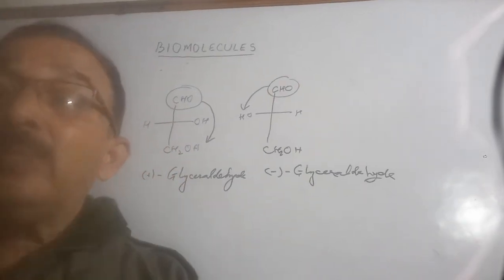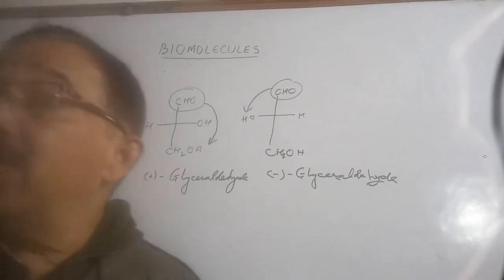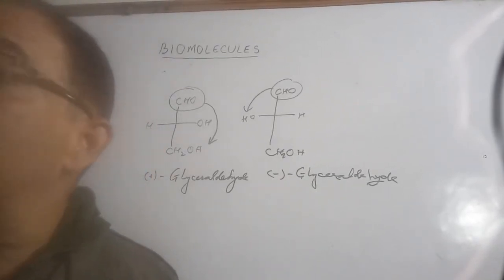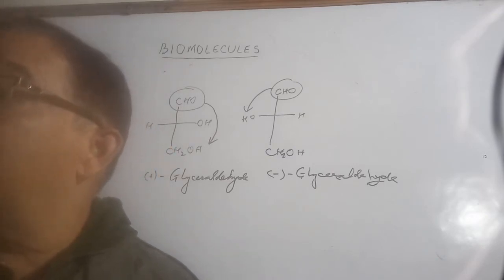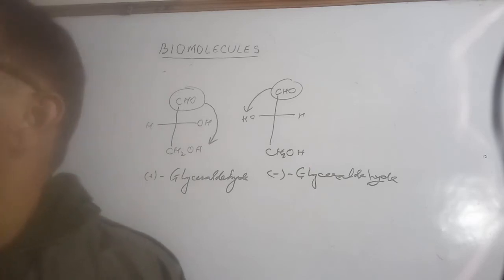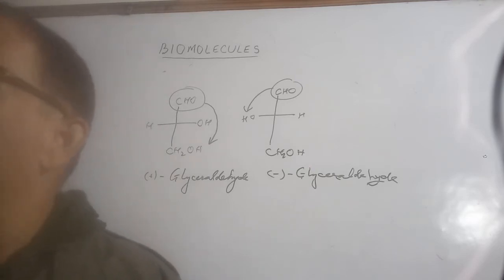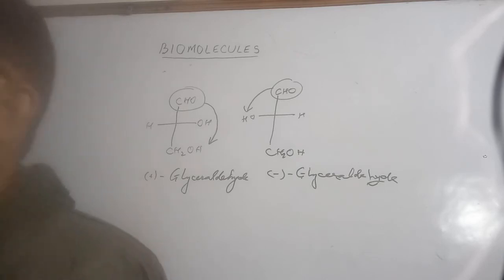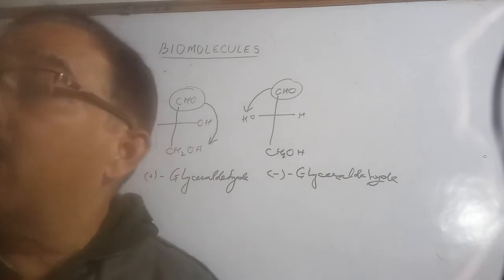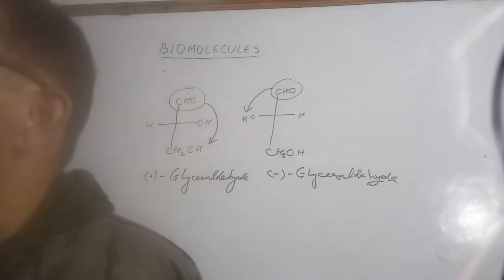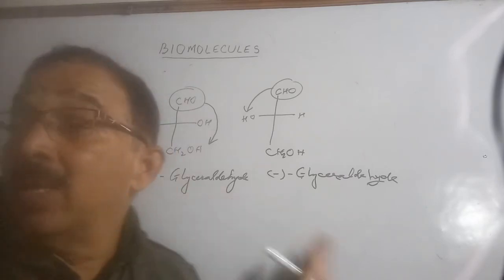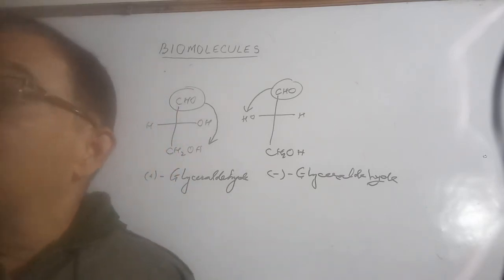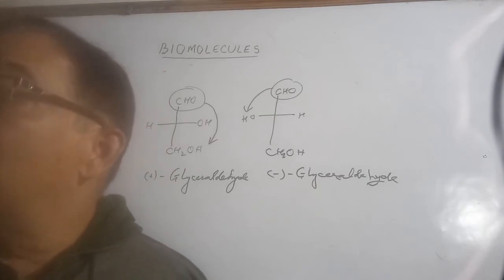For assigning the configuration of monosaccharides, it is the lowest asymmetric carbon atom in the compound. As in plus glucose, the OH group on the lowest asymmetric carbon is on the right side, which is comparable to plus glyceraldehyde. That's why it is D plus glucose.